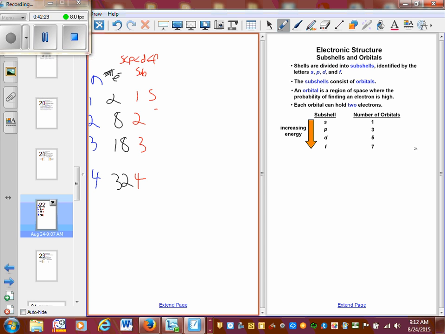After S, P. Principal energy level 3 has how many subshells? 3. Lowest energy, S. Next one, P. Next one, D. Okay, 4 has 4 subshells. They are S, P, D, and F.